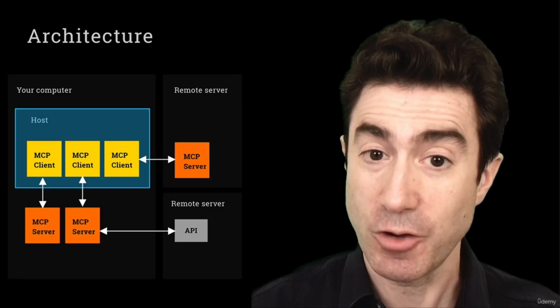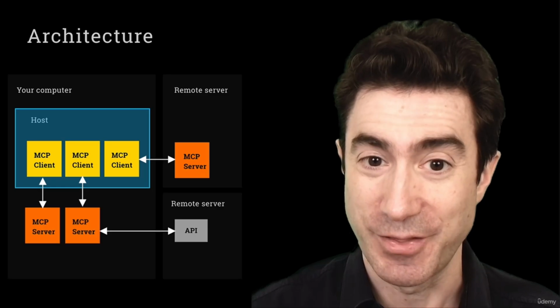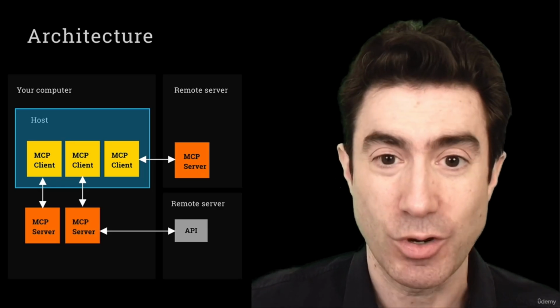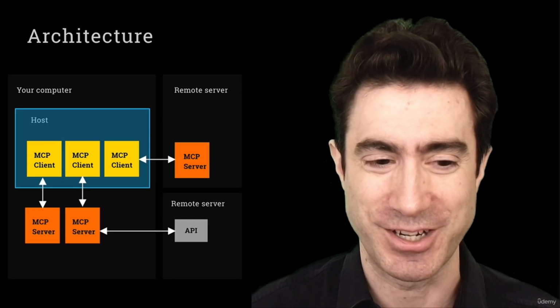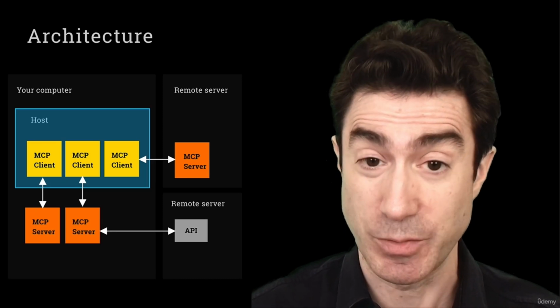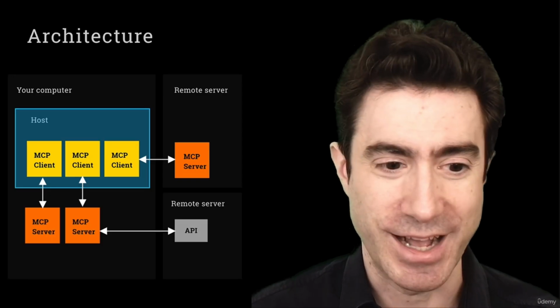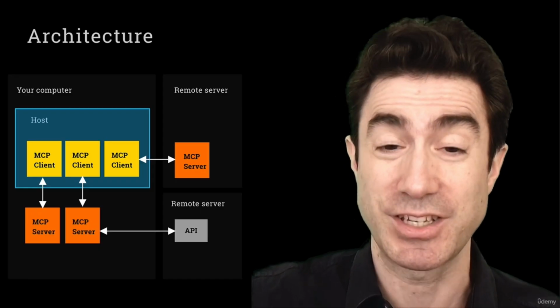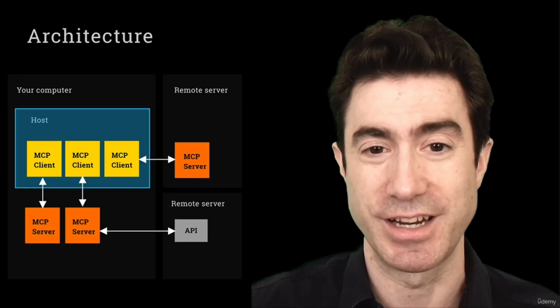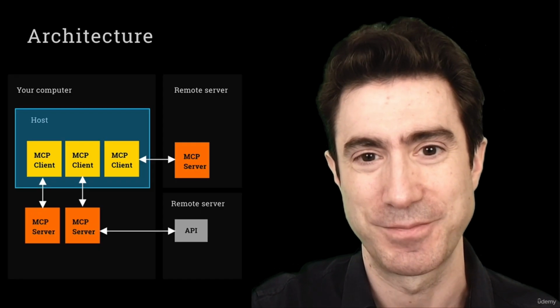So it's very common to have an MCP server that is connecting online and calling some remote service. In fact, that is by far the most common of the configurations. But it's important in your mind to distinguish between that and a case where your MCP client is calling a remote MCP server hosted on another machine, which is, as I say, less common.